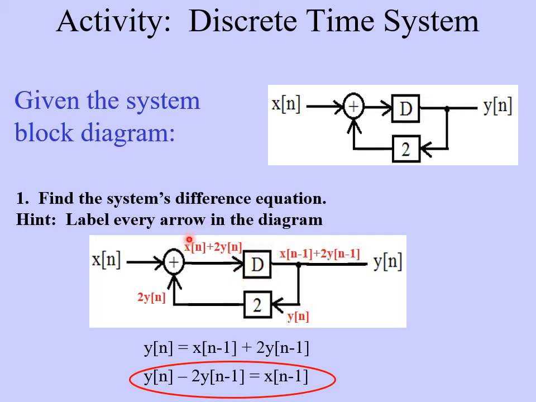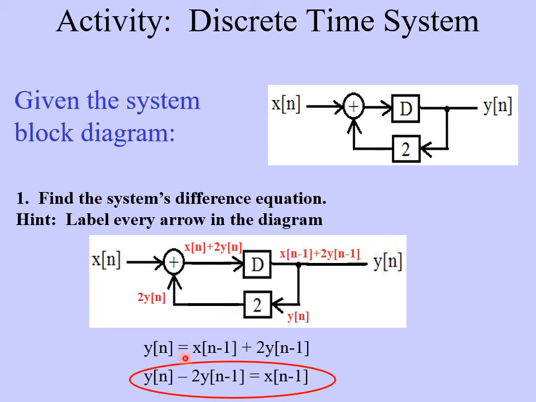So I take this input coming into the delay, and I simply delay it by 1. So x of n becomes x of n minus 1, 2y of n becomes 2y of n minus 1, and notice when I do that, I'm right back to the output, so all of this in red is equal to y of n.